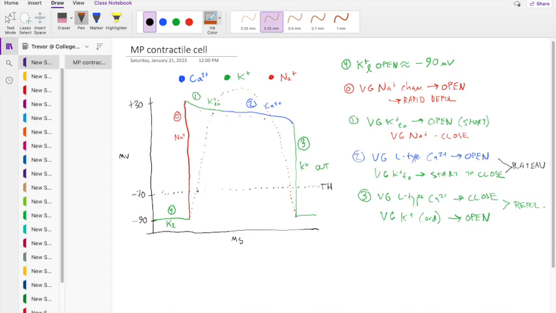Why is that? Because in between here, that gives us an absolute refractory period. And we'll talk about the significance of that next. Basically, we cannot get a contraction during that plateau phase no matter what we do. And that is going to be very important for the contraction of the heart. Let's take a look at that.